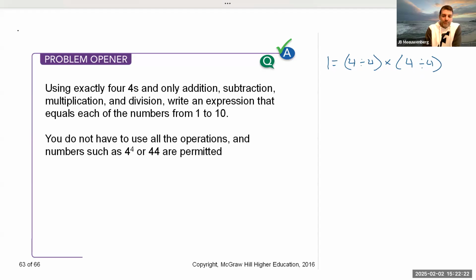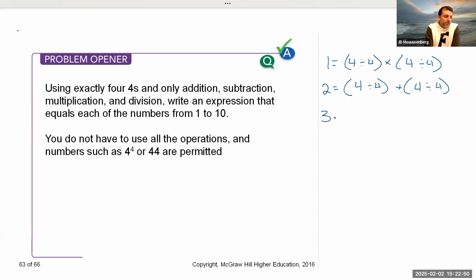There's just one example. If you're looking for how to make the number 2, you might have done something like this. 4 divided by 4 plus 4 divided by 4. Now, you could have left the parentheses off on that one. It still would have worked because of the order of operations, but sometimes those parentheses are nice just to ensure that your grouping occurs properly.